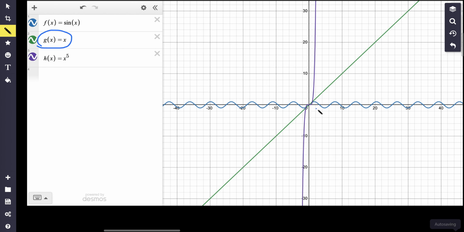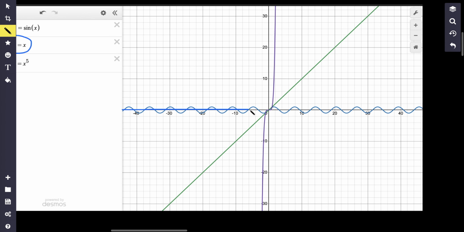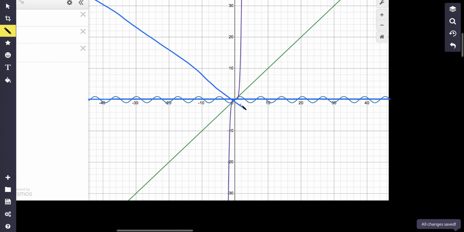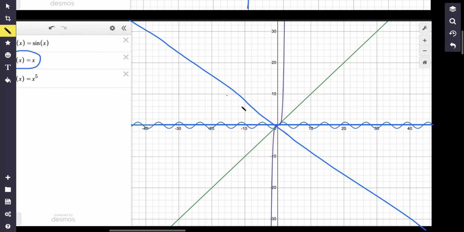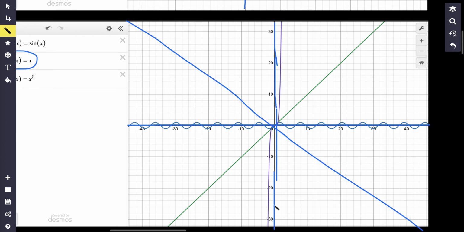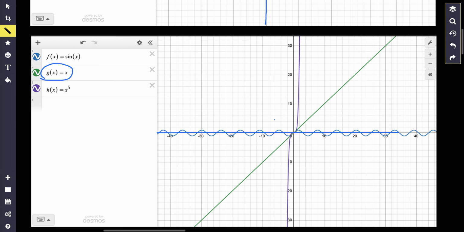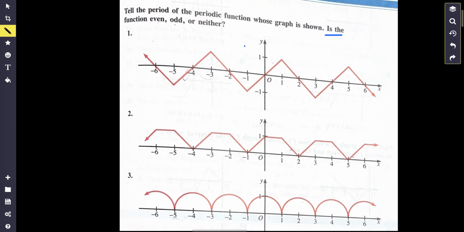If I were to take this function and reflect it across the x-axis, I would get this resulting graph, right? And then if I were to take this resulting graph and reflect it across the y-axis, I would get back to my original function. So these are just some examples of odd functions, and these are even functions.